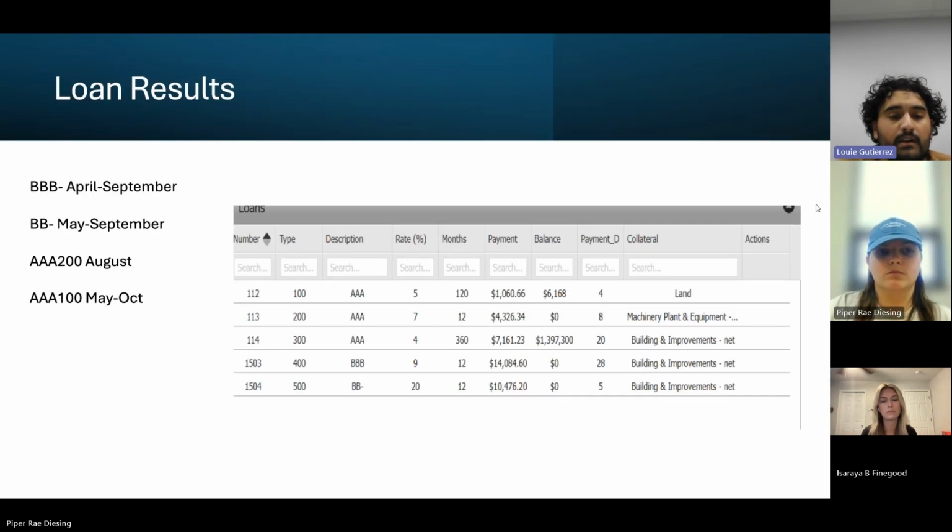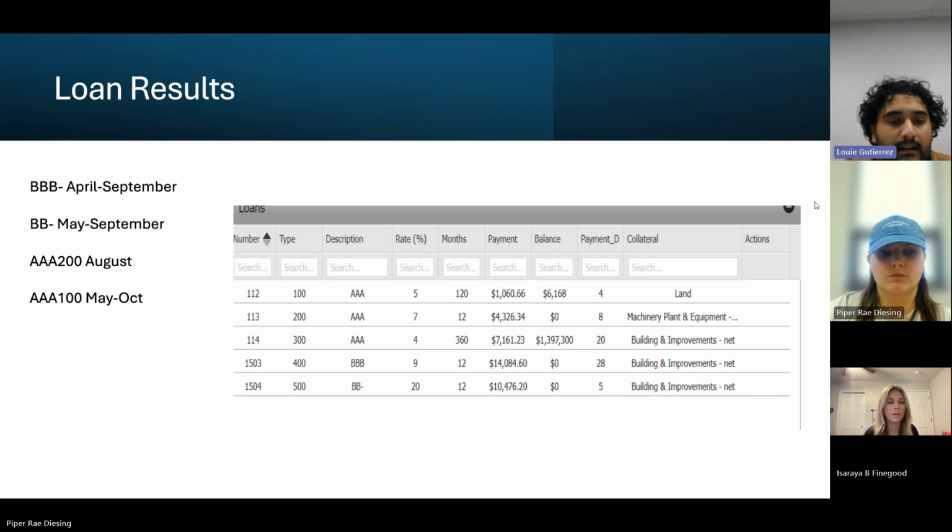And then the results. The triple B loan for building and improvements took us from April to September to pay off. We got that one done. The double B took us from May to September to pay off. And also the payments were coming out from the minimal balance from every due date that we got, even if we weren't doing payments, but at the beginning of the months we were just trying to make extra.